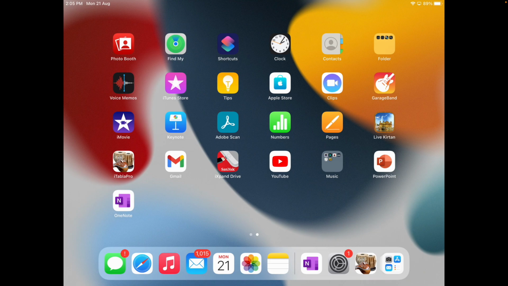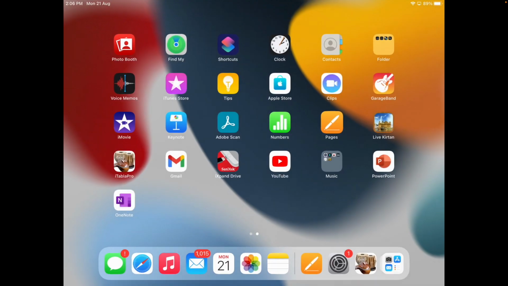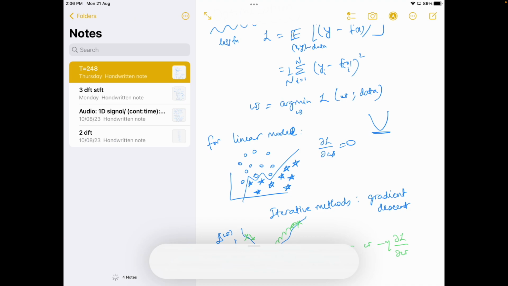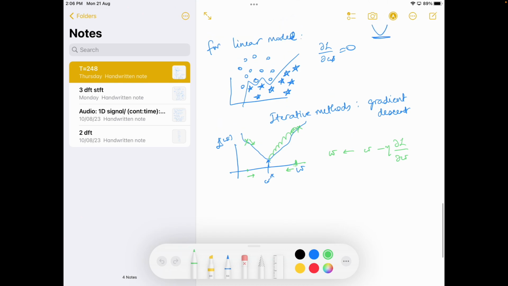Okay, so we are going to discuss today about... last time we were discussing machine learning basics, and we had discussed about neural networks.